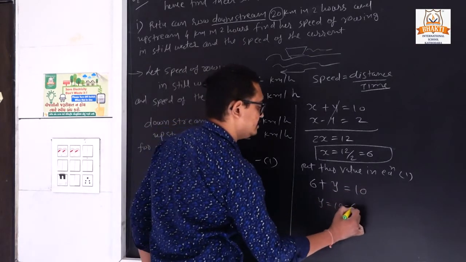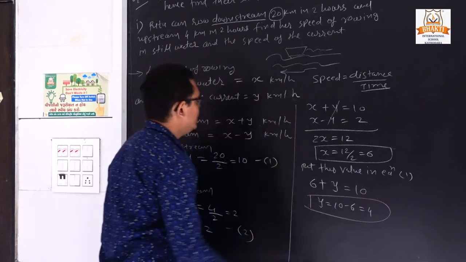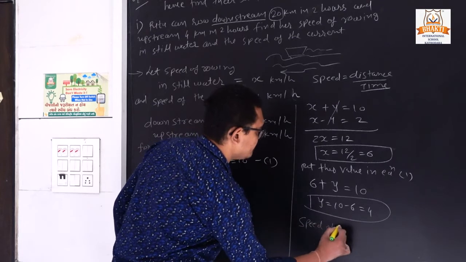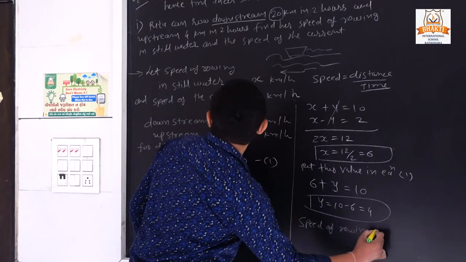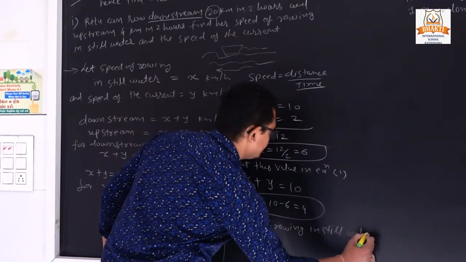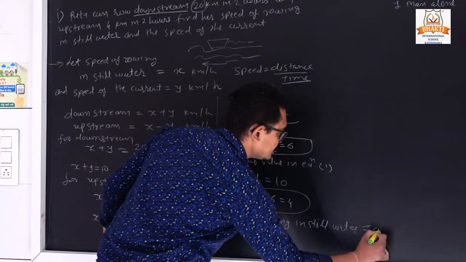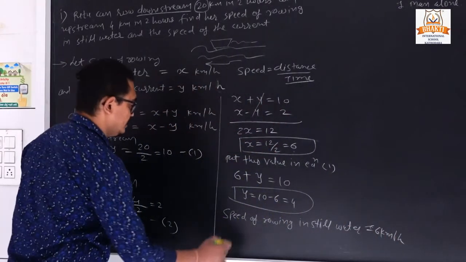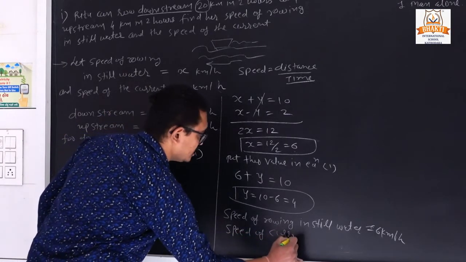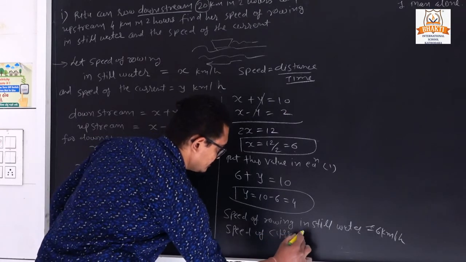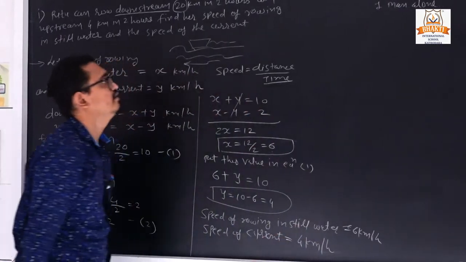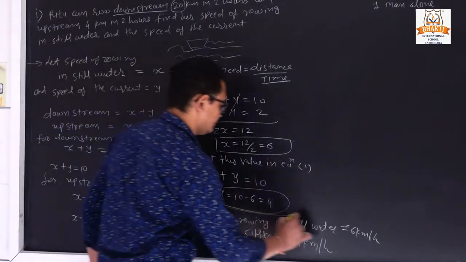So y is equal to 10 minus 6, so it is 4. So it means speed of rowing in still water is equal to 6 kilometer per hour, and speed of current, meaning water current, is equal to 4 kilometer per hour. Clear? So it is our answer.